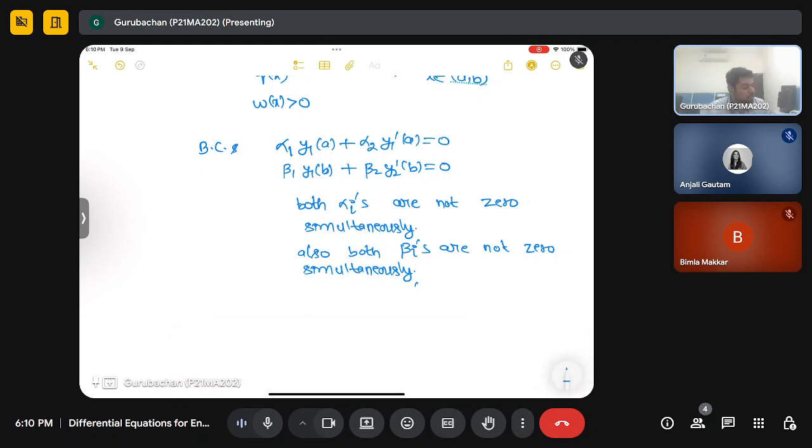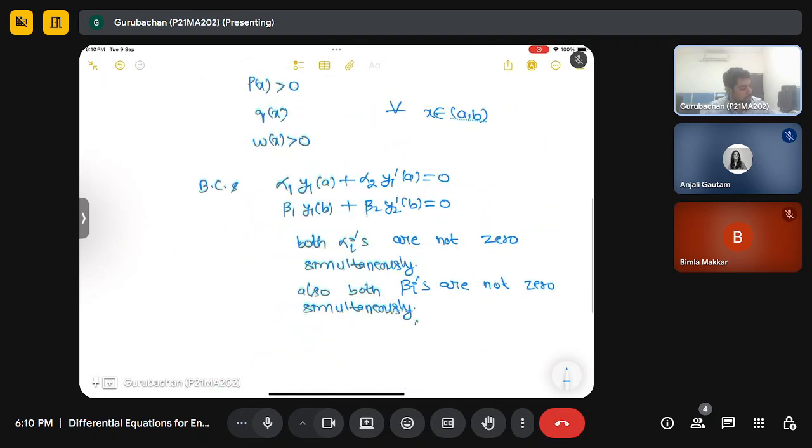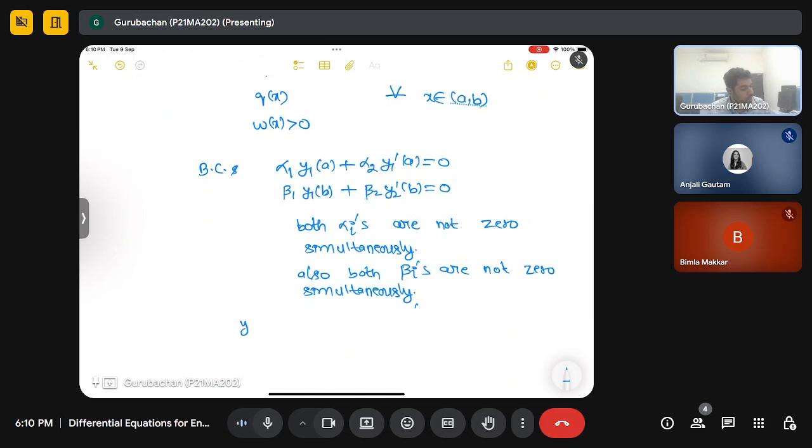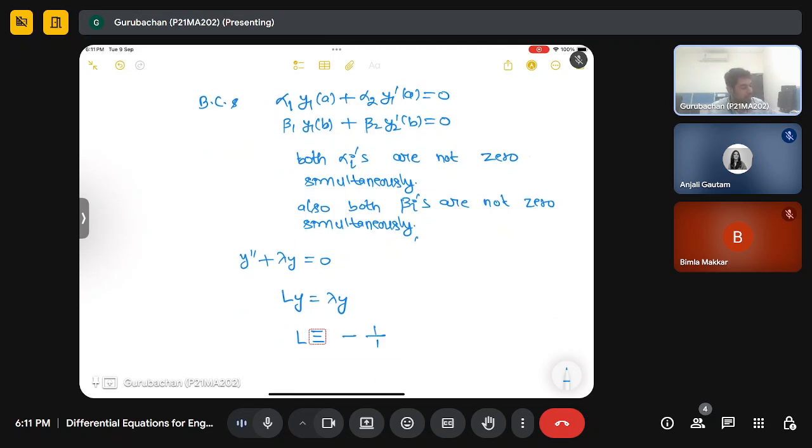So here, what is your p(x) if you write it in the Ly equal to lambda y form? We have y double dash plus lambda y equal to 0, so we can write it as Ly equal to lambda y, where L is minus 1 by 1, because it will be minus y double dash, d by dx of 1 into d by dx, plus q(x).